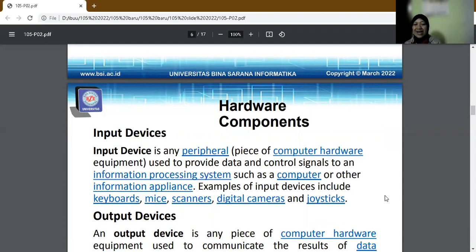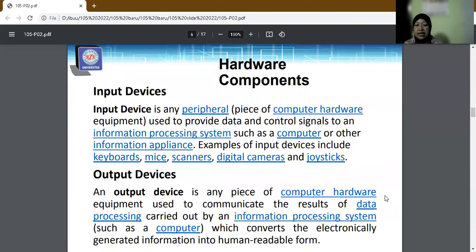So if we want to operate the computer, we must use input devices such as keyboard, mouse, scanner, digital cameras, and joystick.